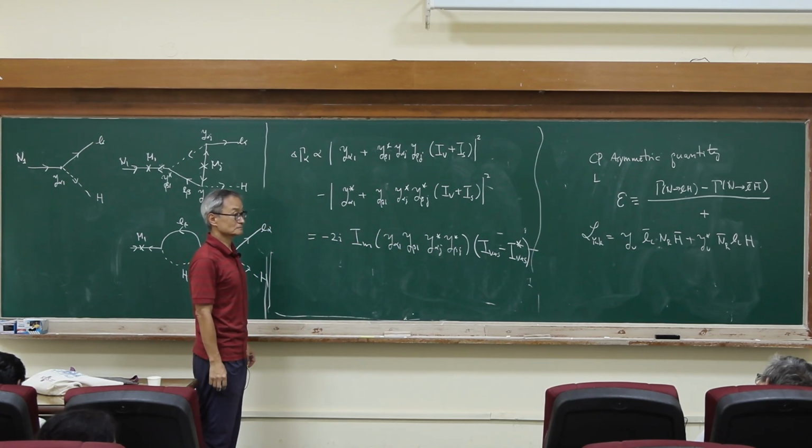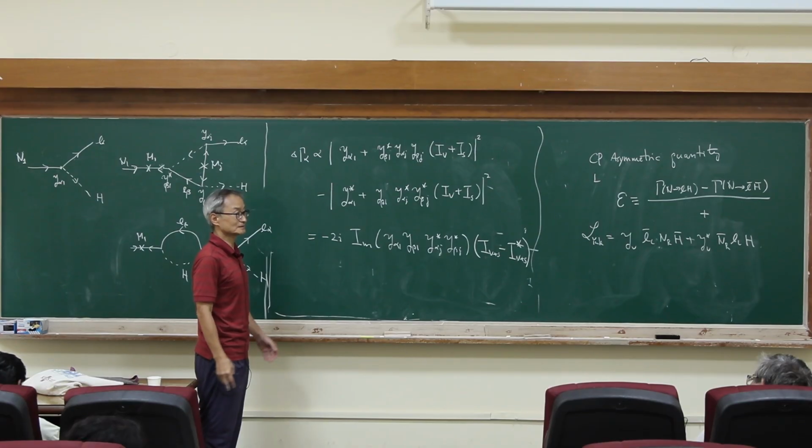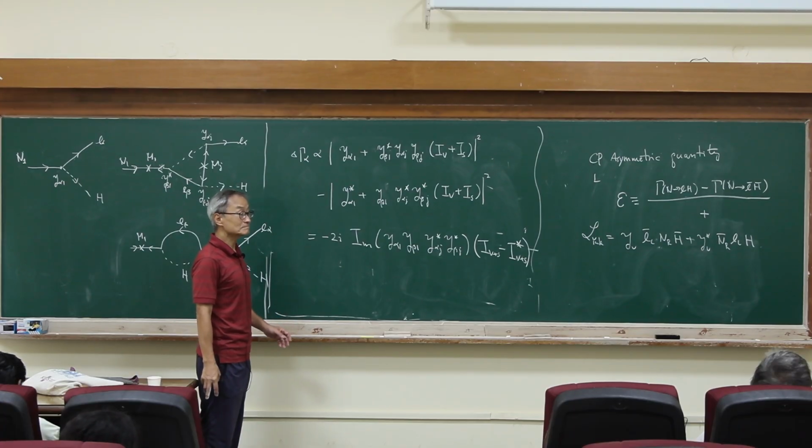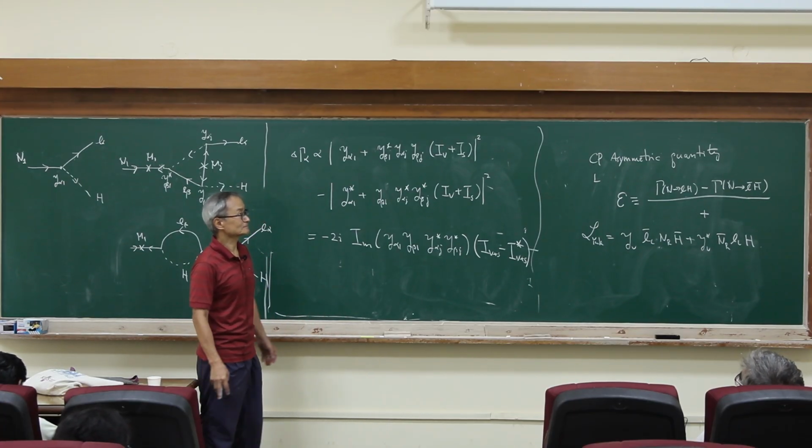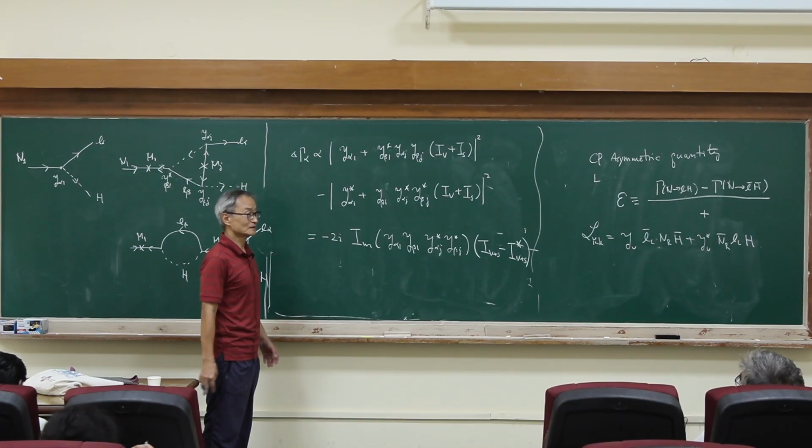So all of these things happen at very high energies, around temperature, say M, 10 to 10. Is the running of these Yukawas important? Good question. Yes, in principle, but we don't care.